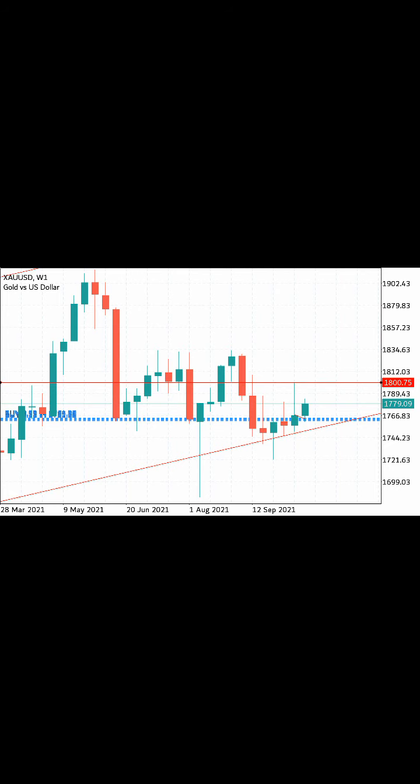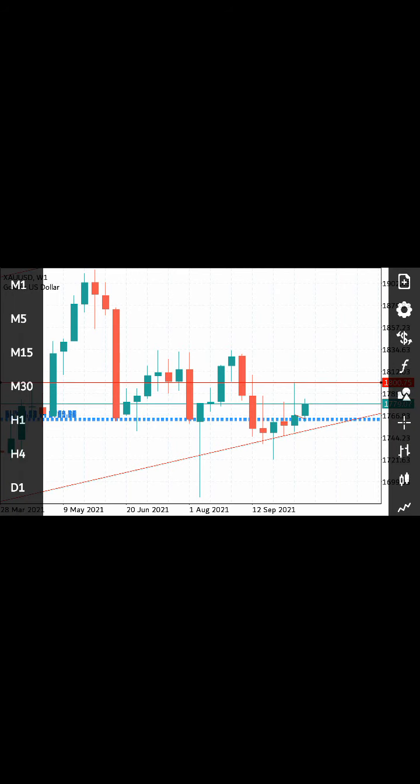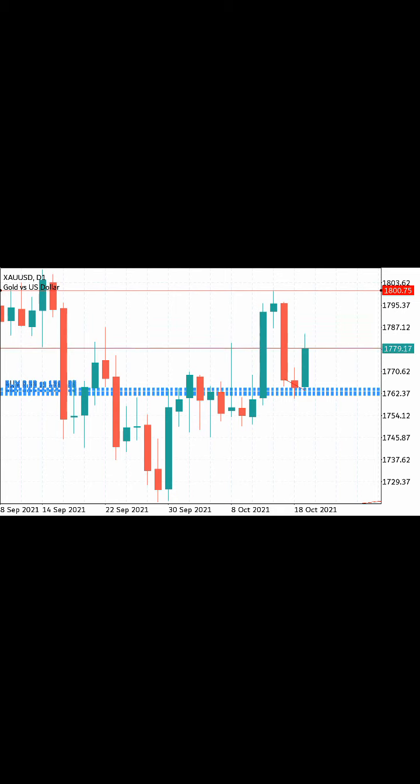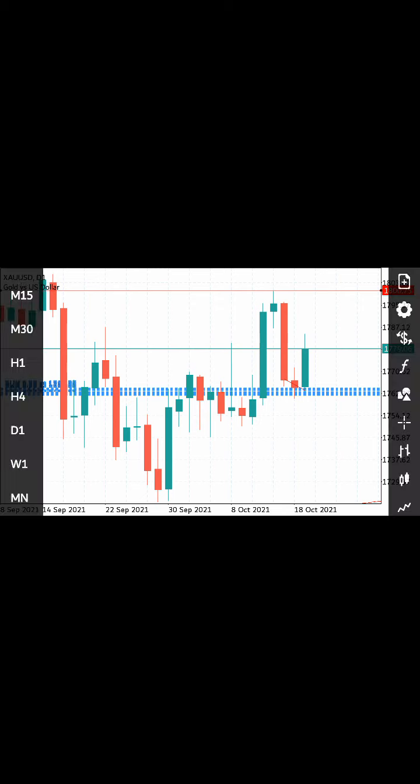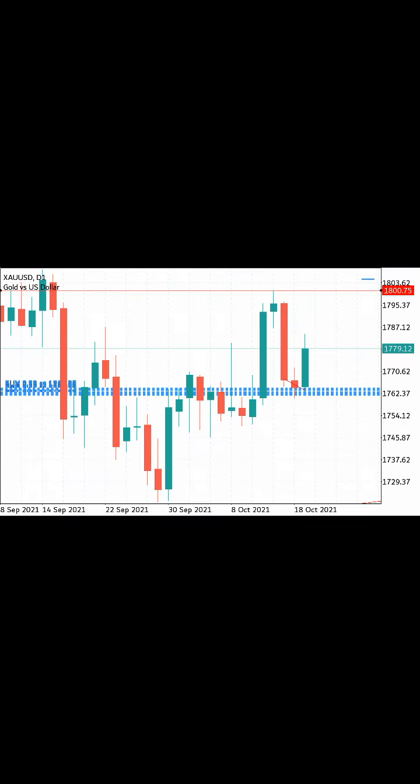So likely, what will normally happen when the week begins, let's go to D1. We got some retest on the previous support, and then after that retest, on the following day, which is Tuesday, there was a bullish candle which went above.